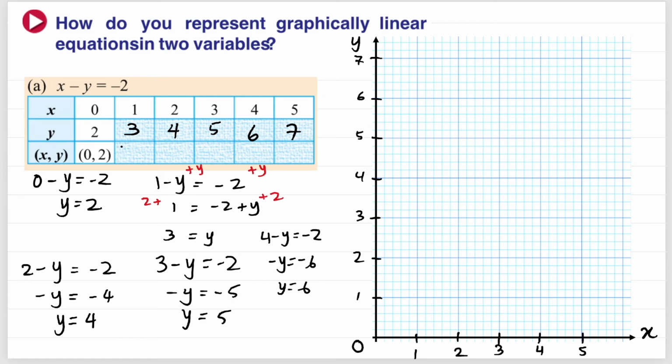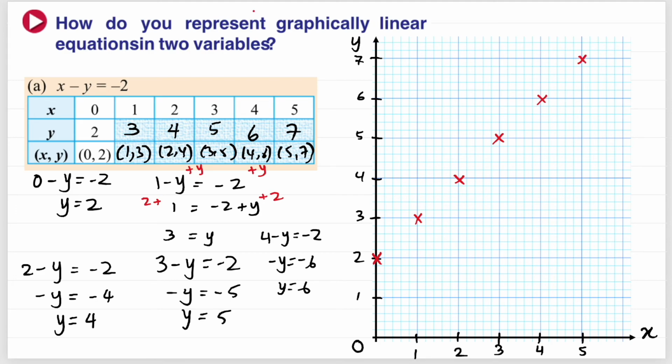So cikgu boleh tulis ni sebagai 1, 3, 2, 4, 3, 5, 4, 6 dengan 5, 7. So, cikgu boleh plot dekat sini lah. So, bila x sama dengan 0, y sama dengan 2. So, 1 sini. Bila x sama dengan 1, y sama dengan 3. Bila 2, 4, 3, 5, 4 dia 6 dan 5 dia 7.